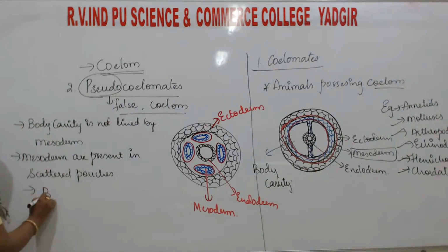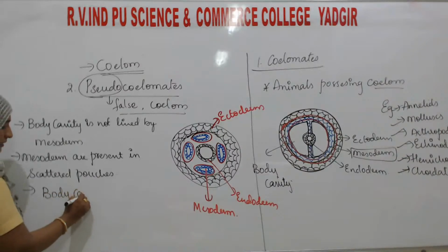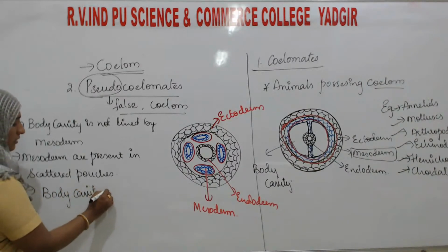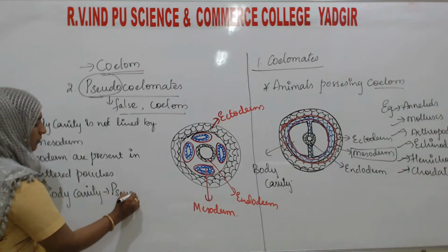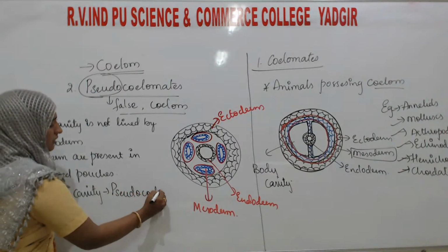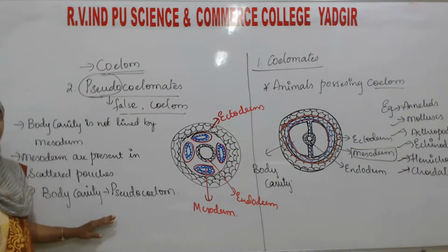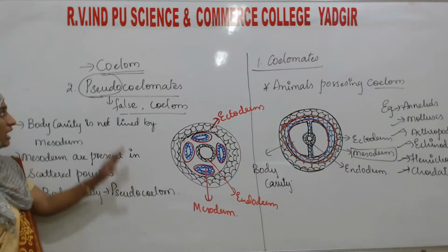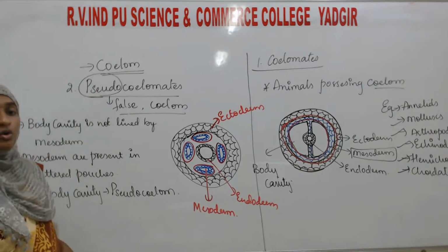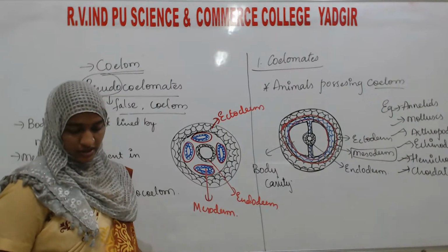Such a body cavity is called pseudocoelom, and the animals possessing the pseudocoelom are called the pseudocoelomates. Now next, what are the examples?